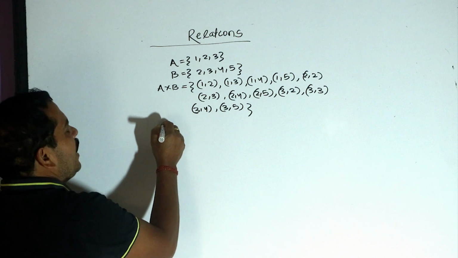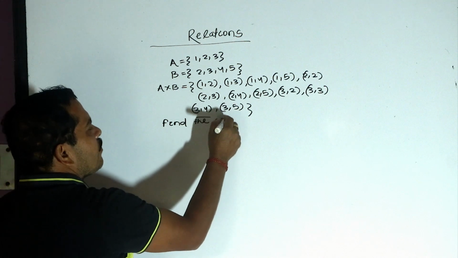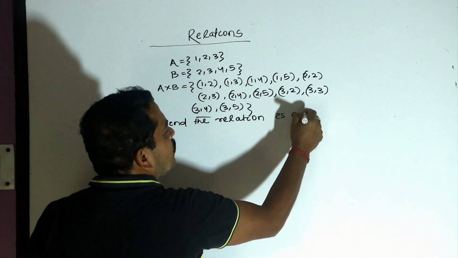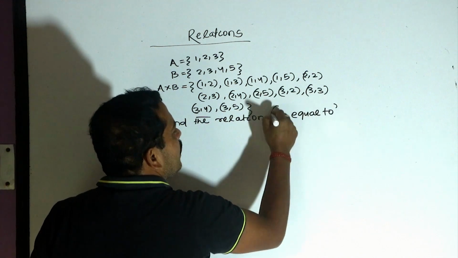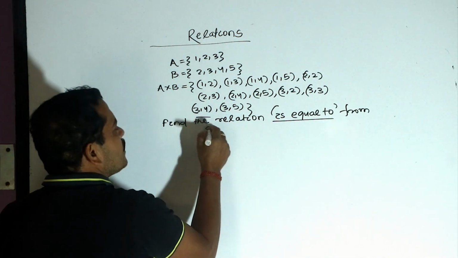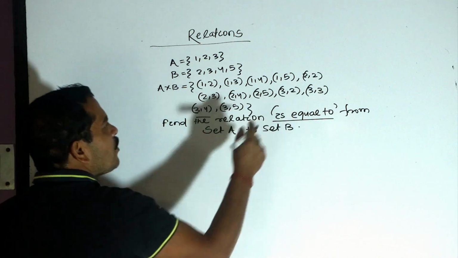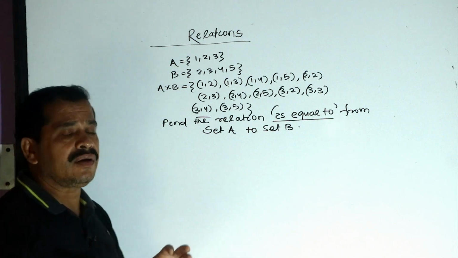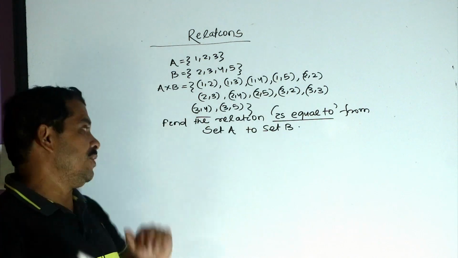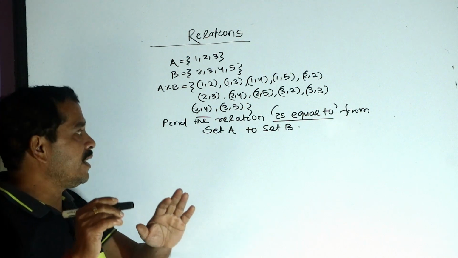Suppose we define a relation. Suppose we are interested to find the relation "is equal to" from set A to set B. We use the notation either R or F for the relation.